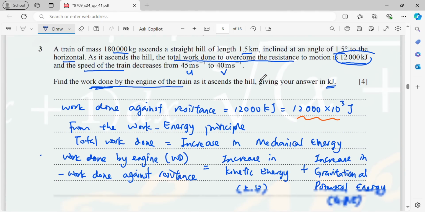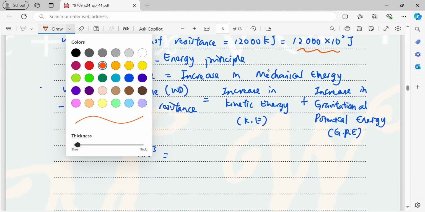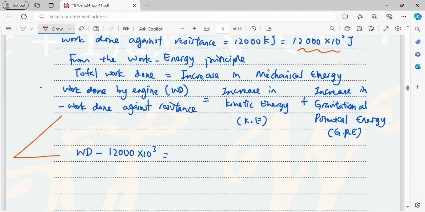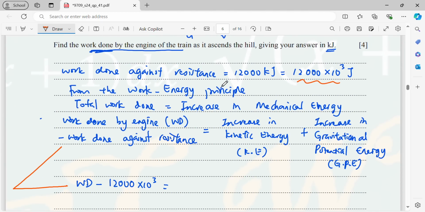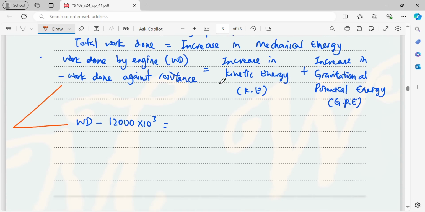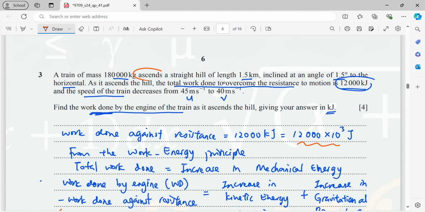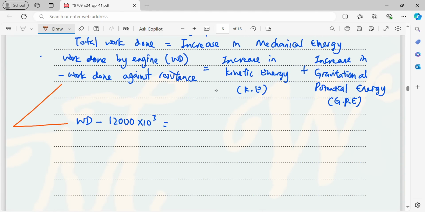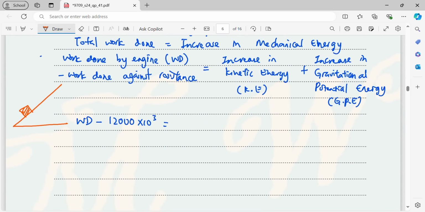Now, probably I have to draw a diagram. Let's say this is the diagram. You are given the train of mass 180,000 kilograms. It mentioned that it ascends, which means going up. So your train will be here, it goes up to here.